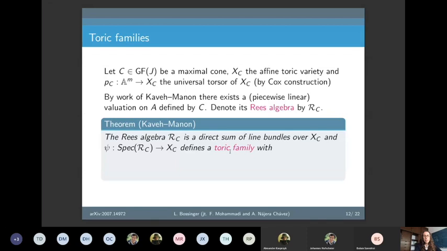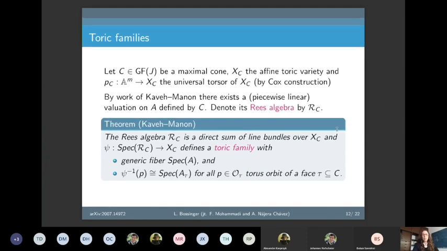So a toric family in this setting means several things. First of all, the torus action on the toric variety extends to the total space. And then additionally, we want the fibers to be reduced. To be honest, in their paper Kaveh-Manon also assume that the fibers are irreducible, but in order to apply their machinery to our specific setting, we need a bit more relaxed definition. This will be clear maybe from the following two statements.